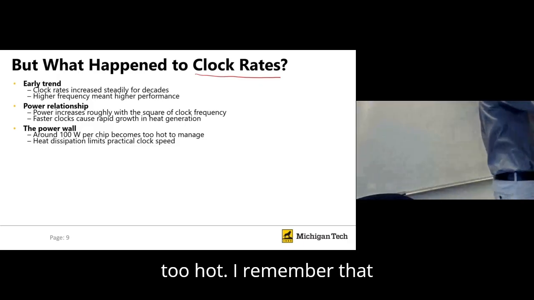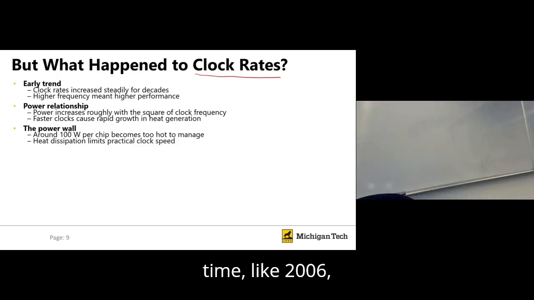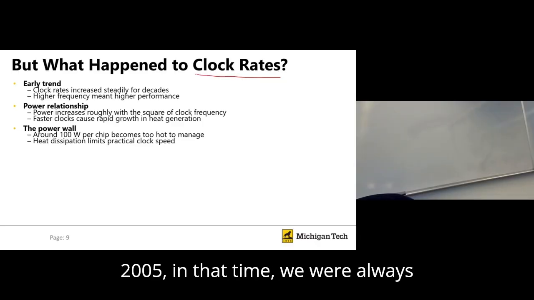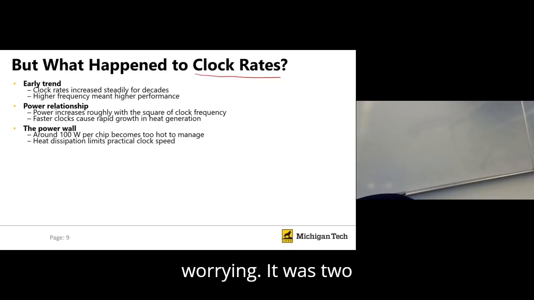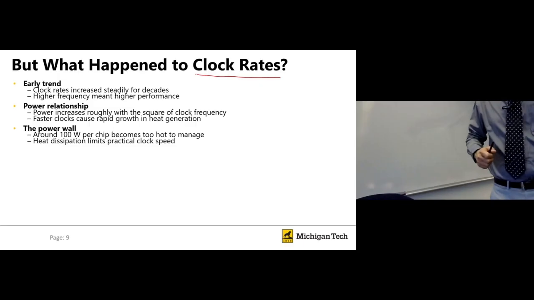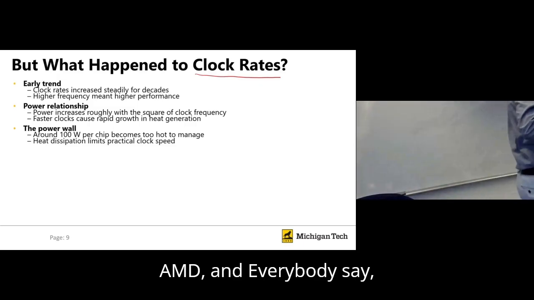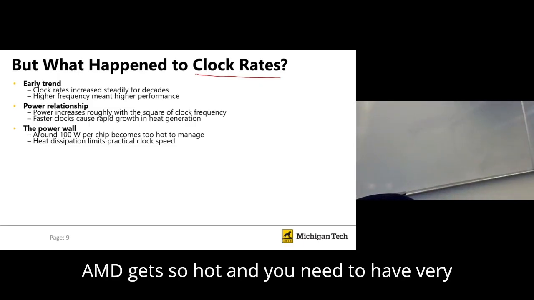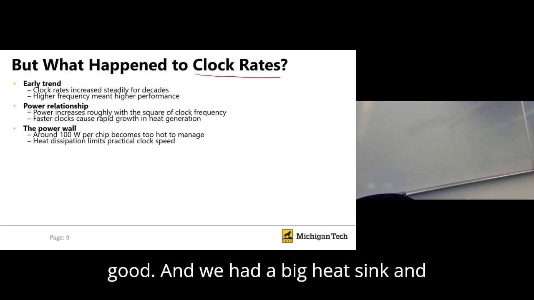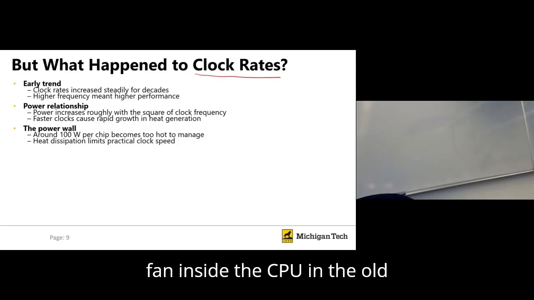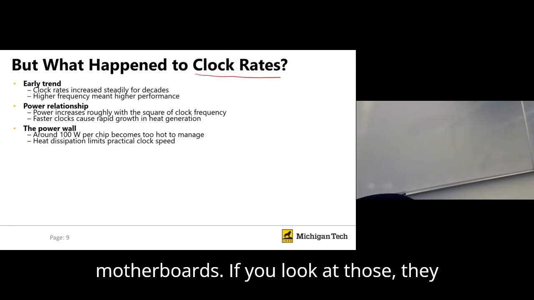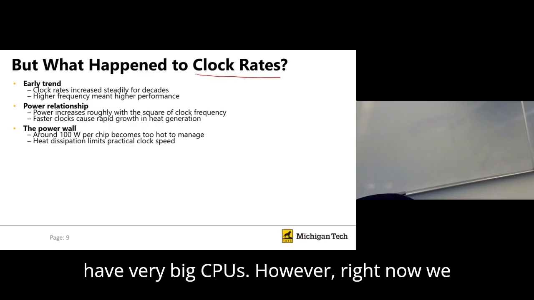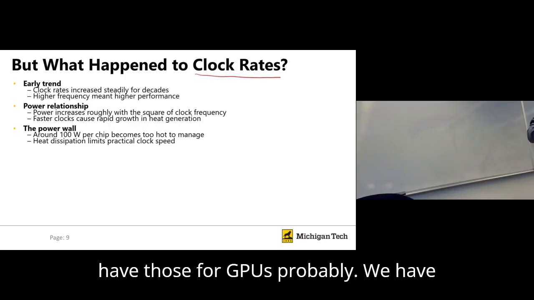I remember that time, like 2005, 2006, we were always worrying. There were two CPU makers in the market, Intel and AMD, and everybody said, "Oh, AMD gets so hot, and you need to have very good cooling." We had a big heat sink and fan on the CPU in the old motherboards. If you look at those, they have very big CPUs. However, right now we have those for GPUs.